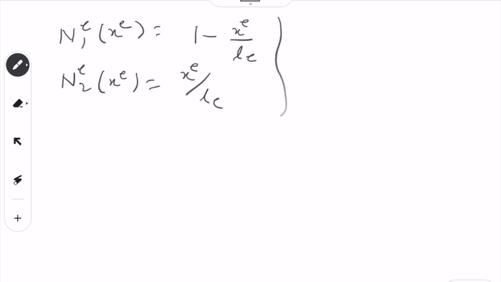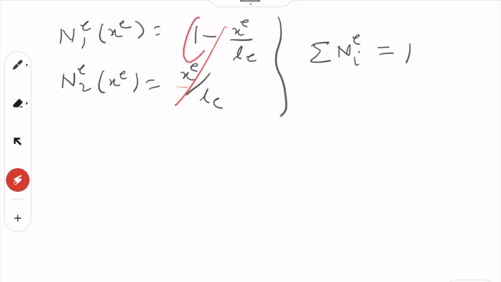You can see from both that the summation of N_i^e is equal to 1. If you add them together, the minus and plus cancel out and you have only 1.